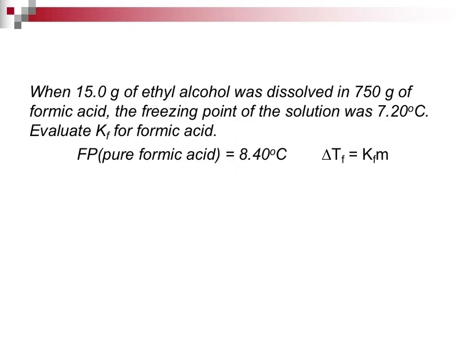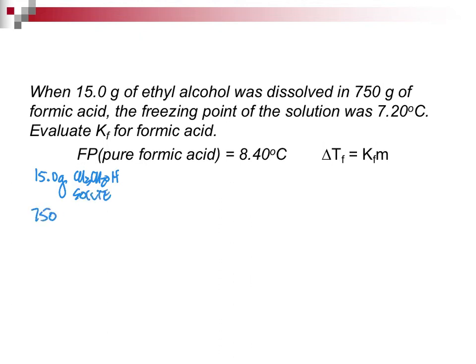So we're going to do another problem. We're going to use the numbers in a little bit different way, but again, it's very, very versatile. They can ask it in more than one way. So let's write down our facts. We have 15.0 grams of ethyl alcohol, and that is turning out to be our solute.